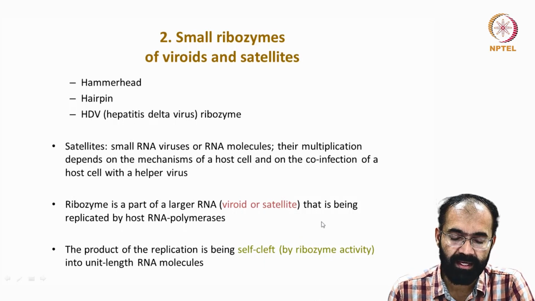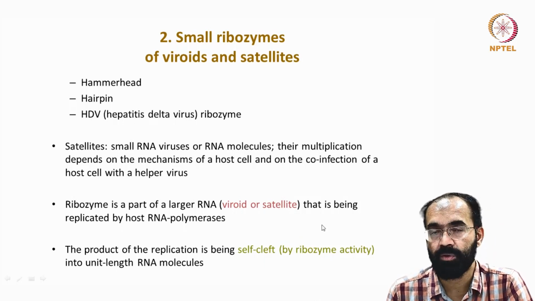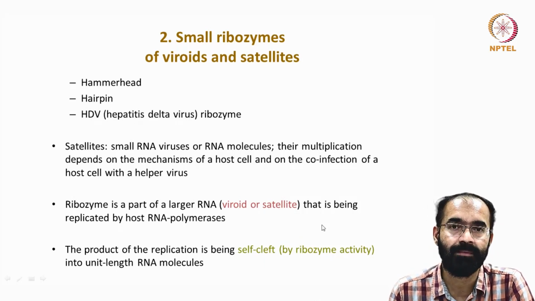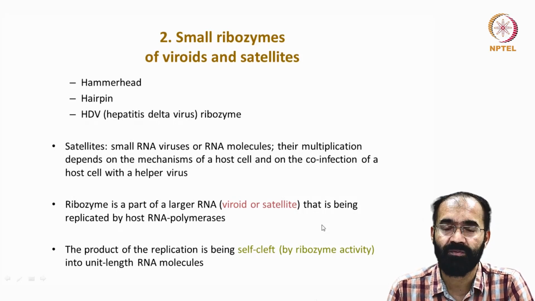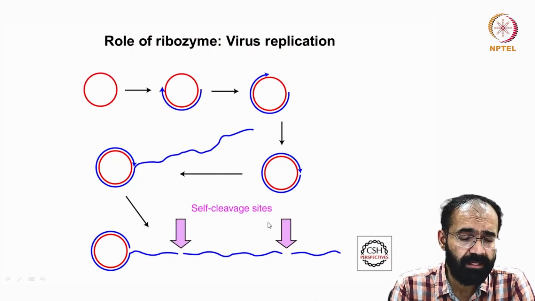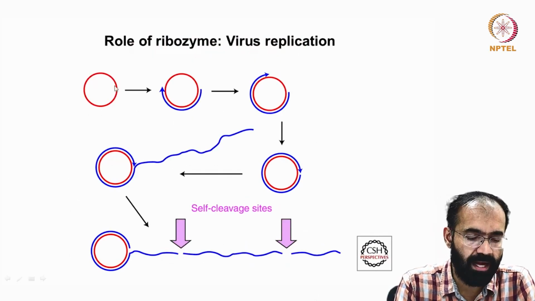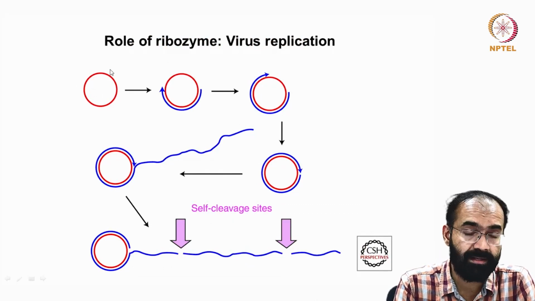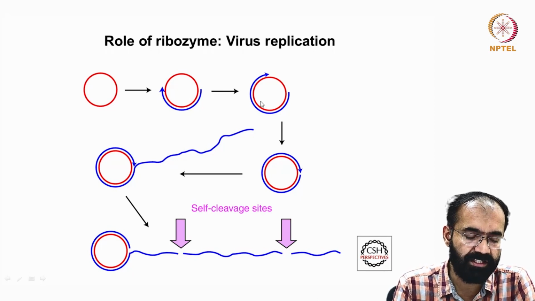Say you have a sequence that is produced by a rolling circle mechanism. It needs to be broken at frequent intervals so that it will have meaning. That is what is shown here. You have an RNA sequence during virus replication, and this blue line is a newly formed strand, which continues and finishes one circle.